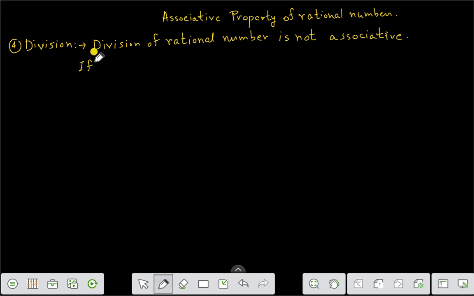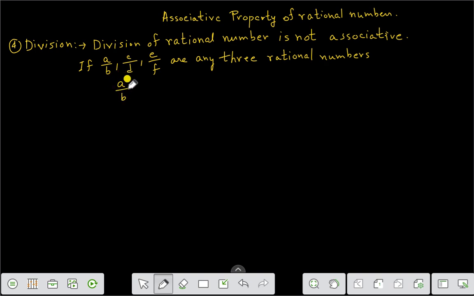Let us take A by B, C by D, and E by F. A by B, C by D, and E by F are any three rational numbers.